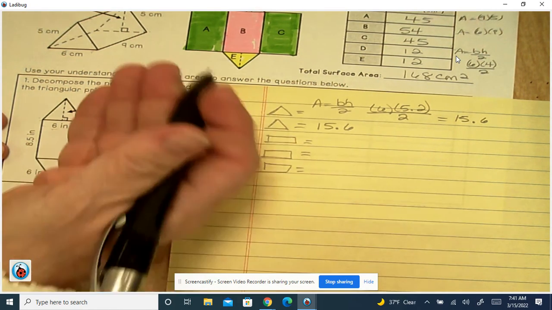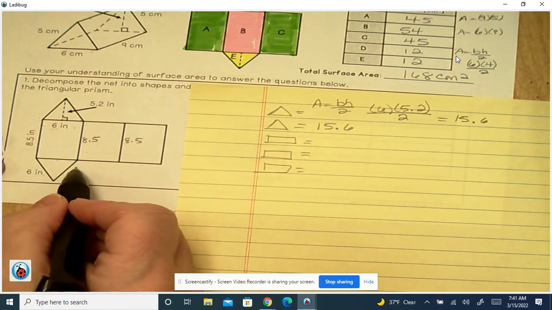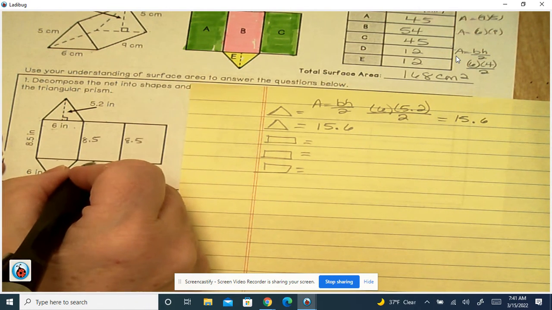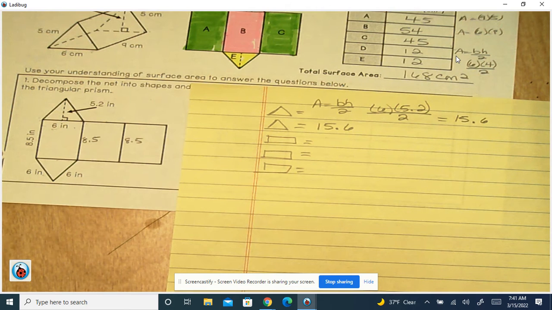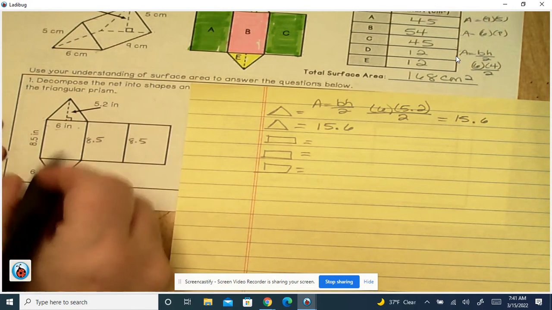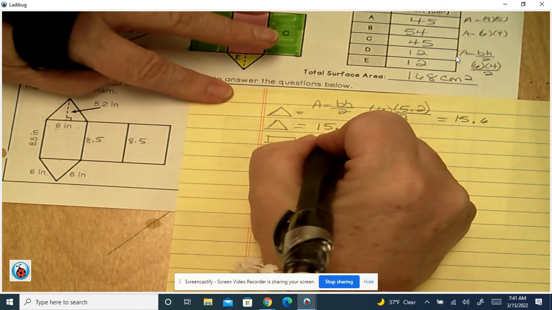And if you were to fold this up, then all of the heights are going to be 6 of these. So if we say 8.5 times 6, that gives us 51, because we have 8.5 times 6 for each one.